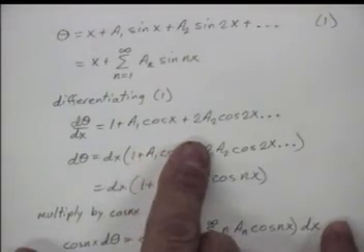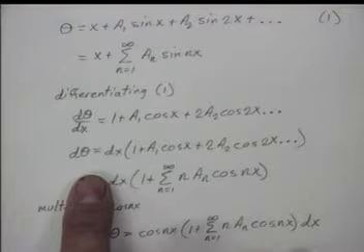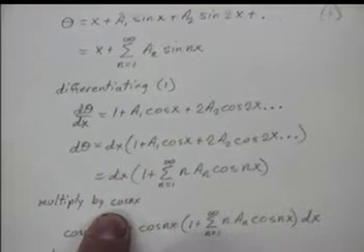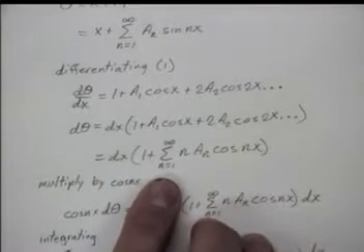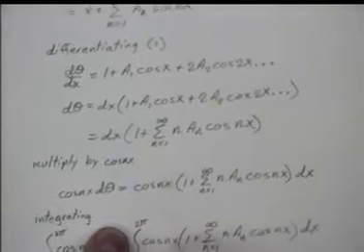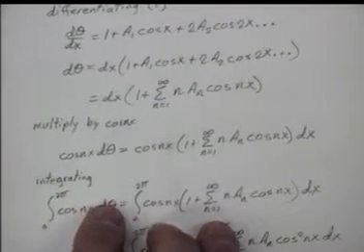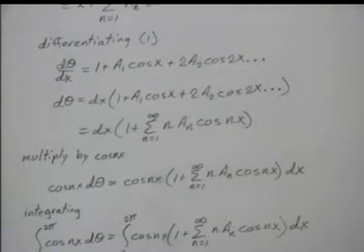So we still have the infinite series, and then we reform it as d theta over dx times the infinite series, and then just rewrite it as a summation. The next step that he did was to multiply both sides by cosine of nx.